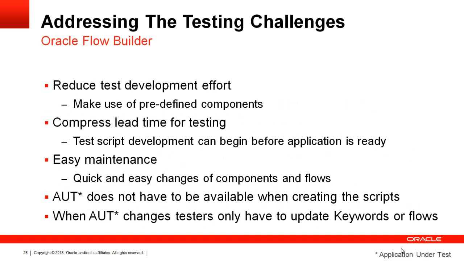Oracle Flow Builder reduces the effort required to do testing by offering a keyword-driven testing framework and pre-built components for Oracle E-Business Suite. It also helps to reduce the testing time because test automation scripts can be developed even before the application is available. It offers quick and easy maintenance of the test content.